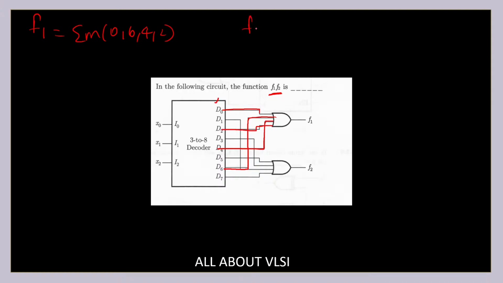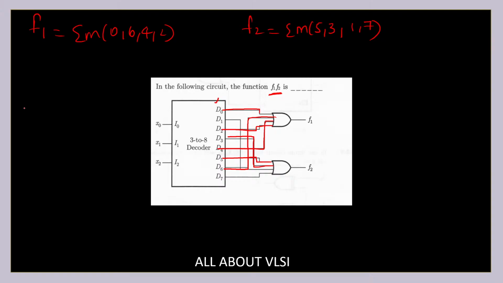Okay, and f2 is connected to 5 and 3 and what else? 1 and 7.